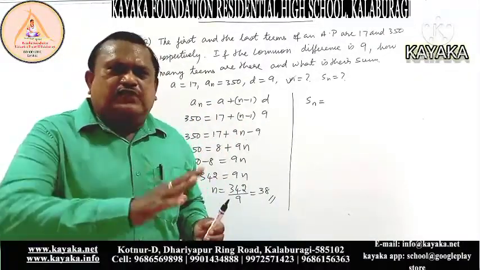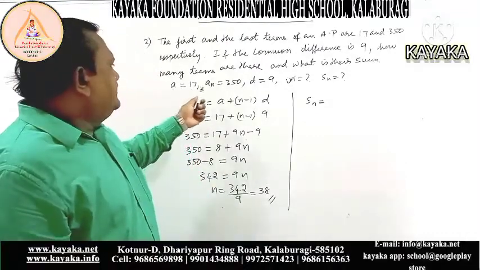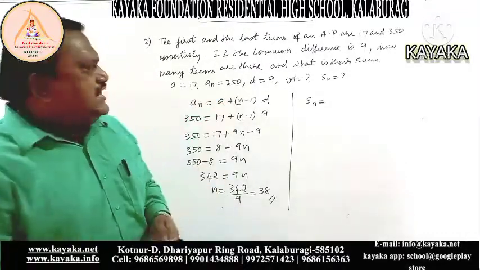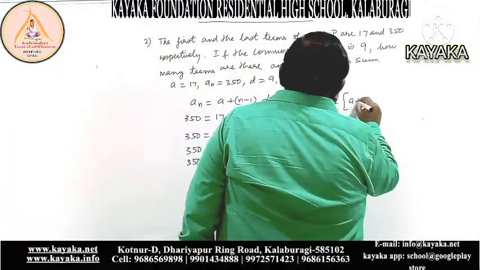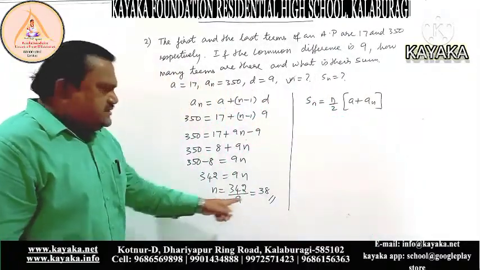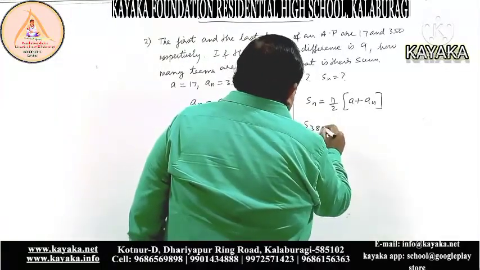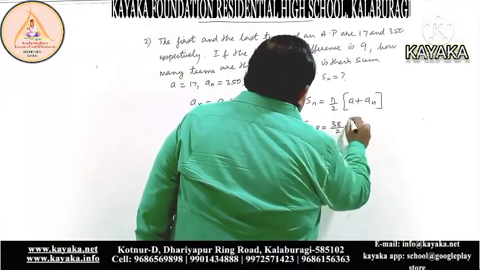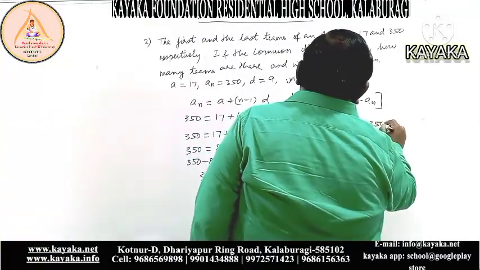Whether you use the first formula or the second formula, because here you already know the first term and the last term, you can use the second formula. Therefore Sn will be equal to n by 2 into a plus an. What is the value for n we got here? n is 38. Therefore just substitute: S38 will be equal to 38 divided by 2 into 17 plus 350.